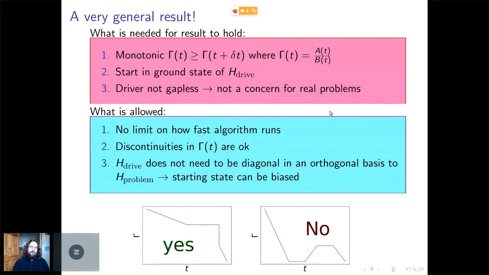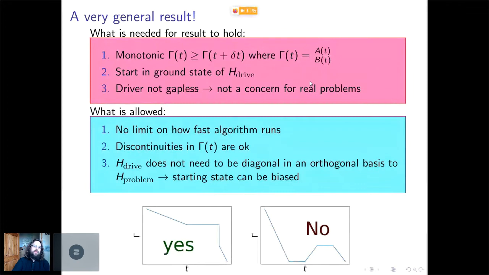But this is interesting because it's a very general result. It extends a spin glass result, or this quantum walk result, that you always are doing better on average, to any quench which is monotonic, meaning you're always either decreasing the gamma or keeping it the same.